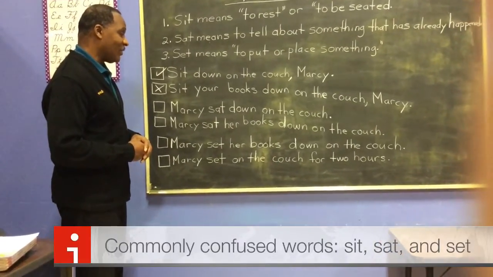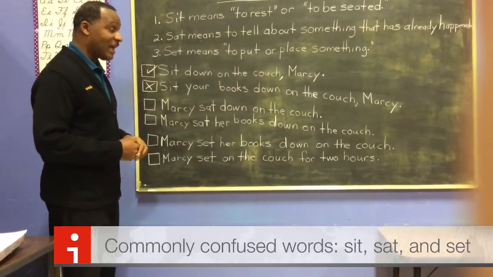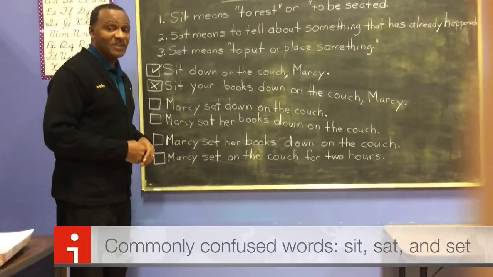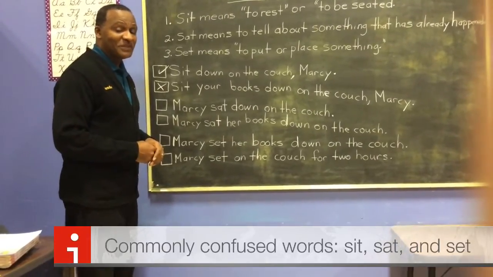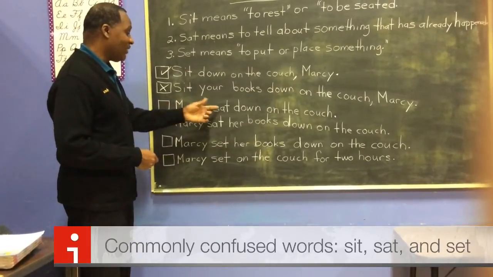Marcy sat down on the couch. Marcy sat her books down on the couch. Is this the one that is talking about an object? No, we're still talking about a person. So this one is talking about Marcy.